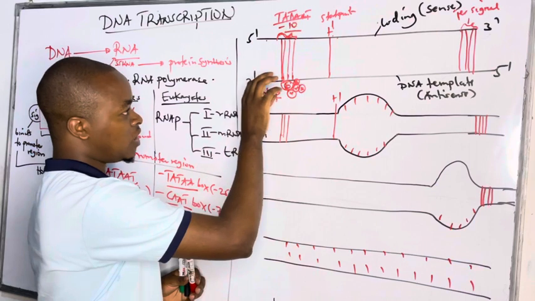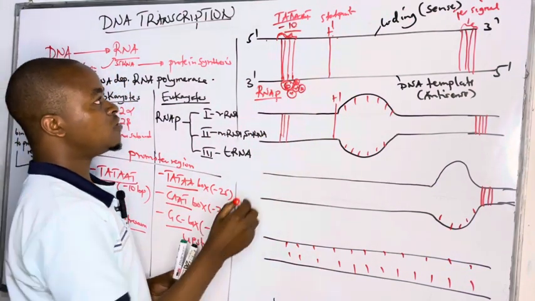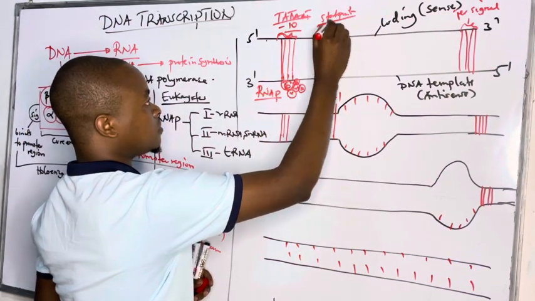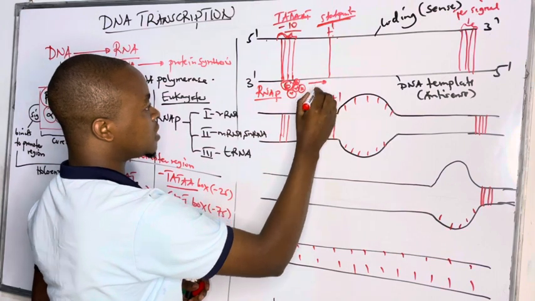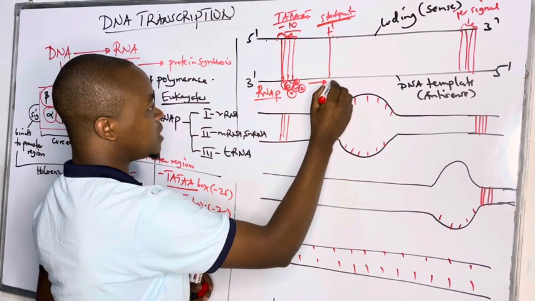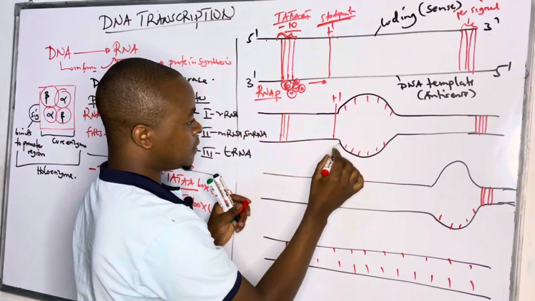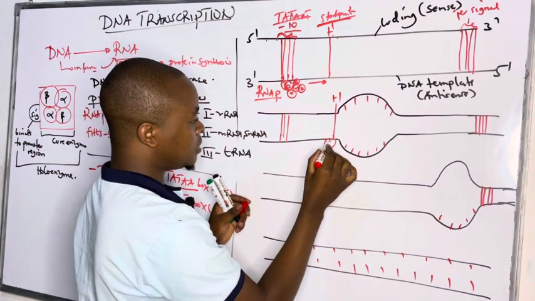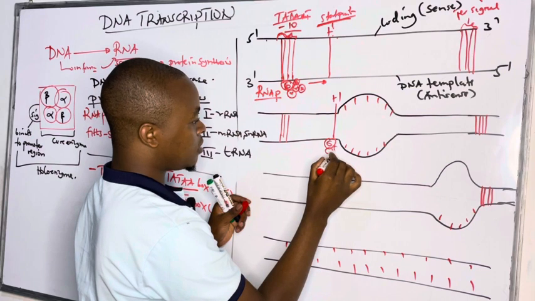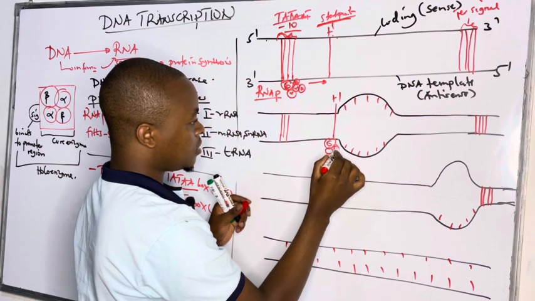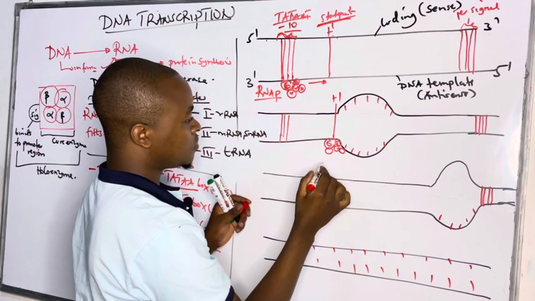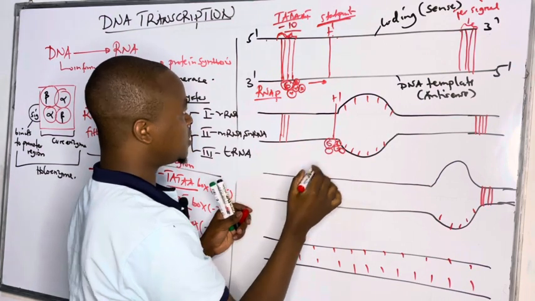And as it is moving along the template strand, when it reaches the start point, it will begin synthesizing. So we are going to see here the sigma subunit together with the core enzyme.